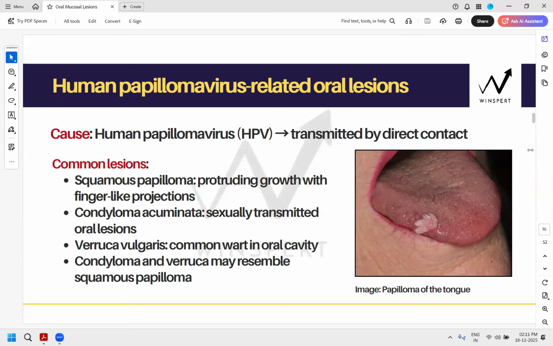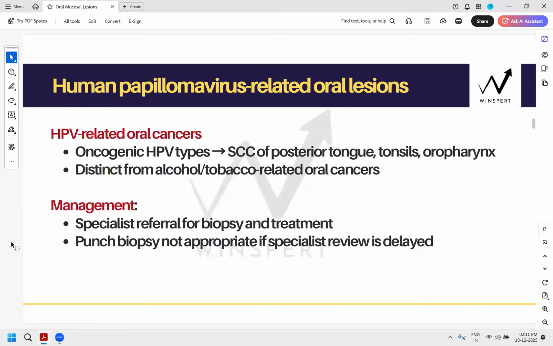They are not SCCs associated with alcohol and tobacco use. So SCC linked with alcohol and tobacco use are separate, and HPV linked SCCs are separate. And HPV linked squamous cell carcinomas are mostly the signs of underlying HIV disease.